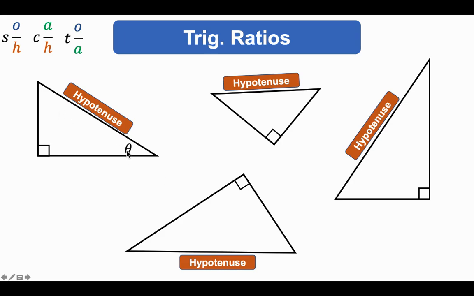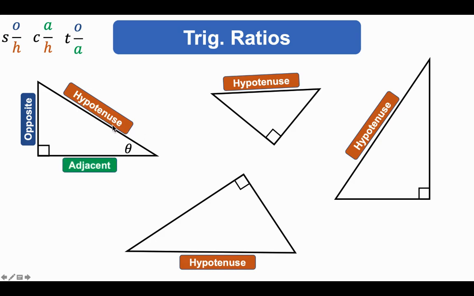So if I'm talking about this angle down here, now I can fill in the opposite and adjacent sides. So the opposite side, just like the hypotenuse is opposite of this 90-degree angle because it doesn't touch it, the opposite side right here is going to be labeled because it's the one that's not touching your angle. Okay. The adjacent side is the one that does touch your angle. So that's your adjacent side.